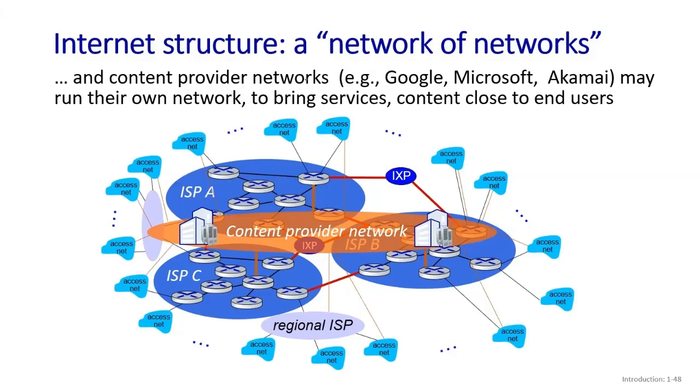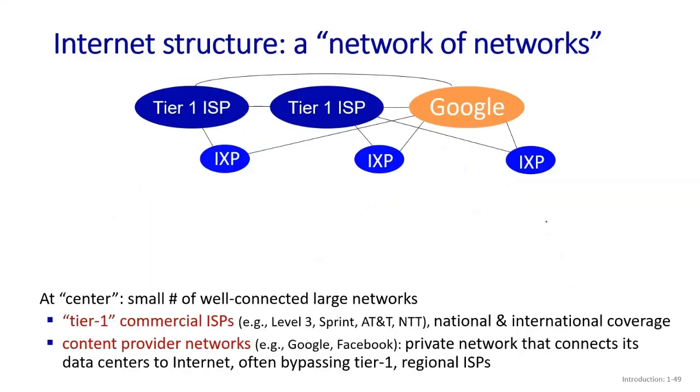These content provider networks, such as Google, may run their own private networks to bring services and content close to end users. In this case, they bypass the global internet service providers and provide the content directly to the end users.